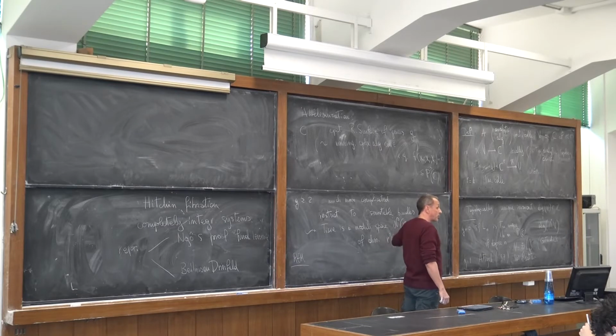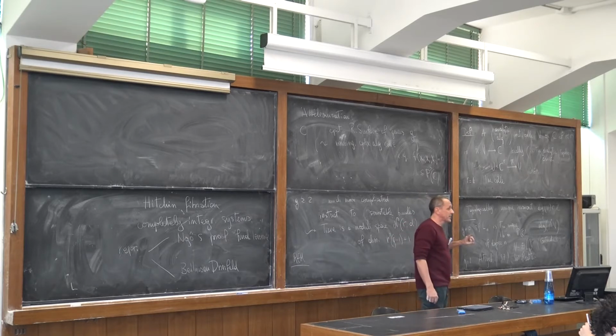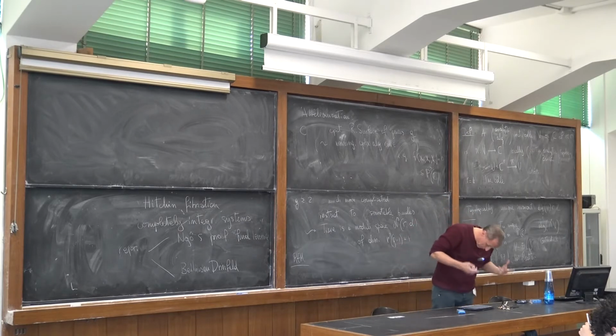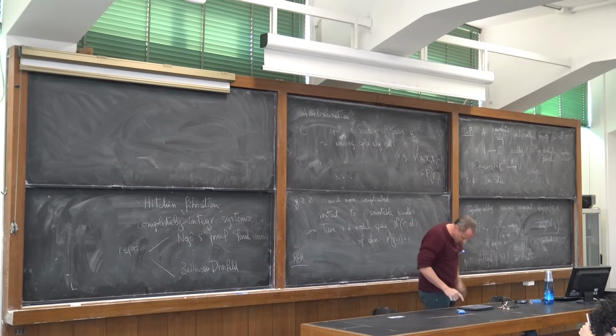Because if D and R are coprime, then it's non-singular. Otherwise, it's singular except the case of rank 2 and degree 0, which is non-singular by mistake. I mean, it should be singular, but it's not.